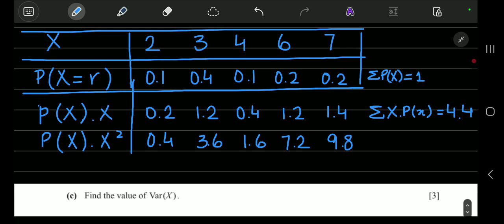And this all will add up to the summation of x square dot p of x, which gives you 22.6.